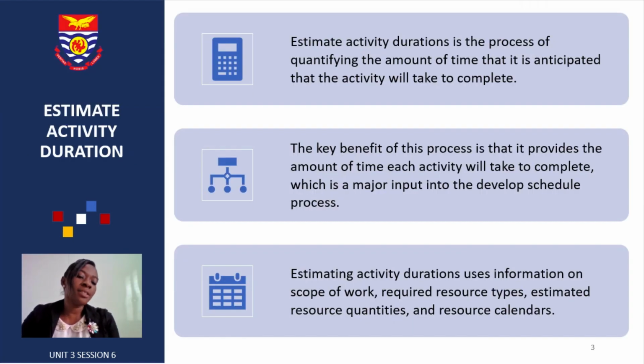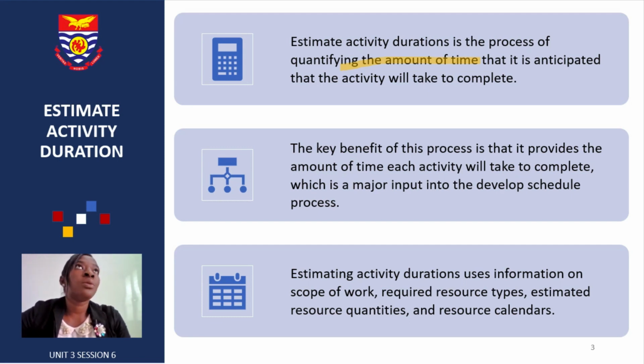So to begin, there is the need for us to be able to estimate the time durations for all our activities. This is the process of quantifying the amount of time that is anticipated for each activity to be completed.